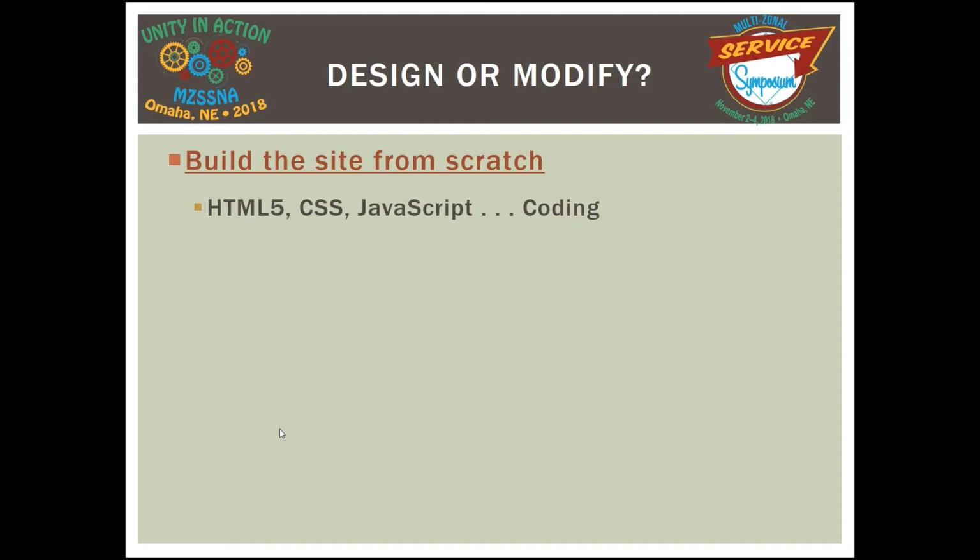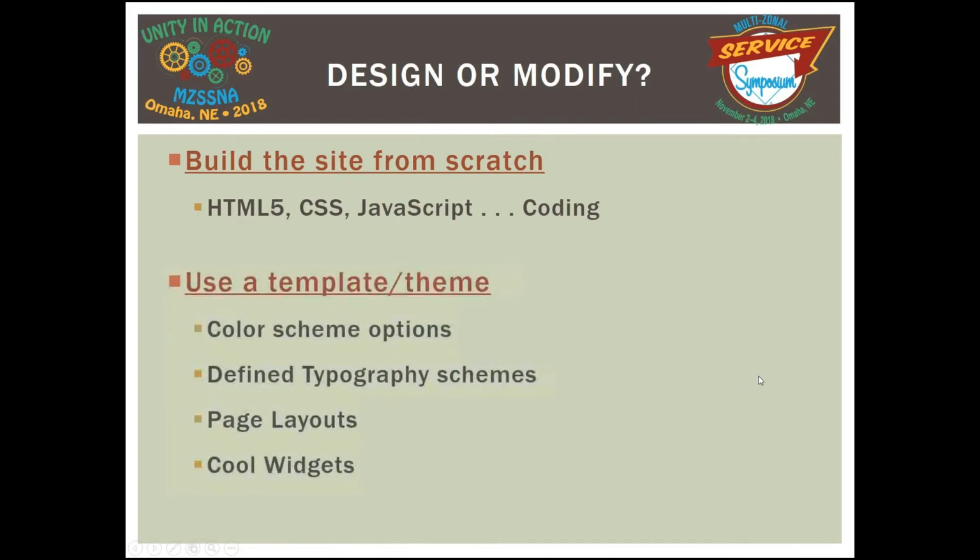HTML stands for Hypertext Markup Language, and CSS is Cascading Style Sheets, and JavaScript is an object-oriented programming language based on Java, and it actually runs in the browser, so it doesn't do any calls to the server, so it's very efficient as far as that's concerned. But the bottom line is there's a whole ton of coding.